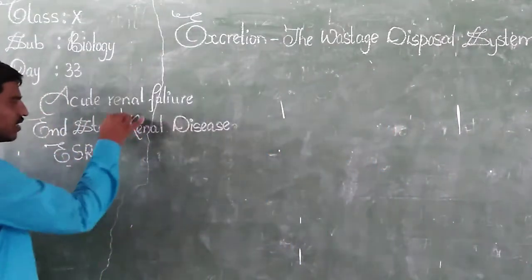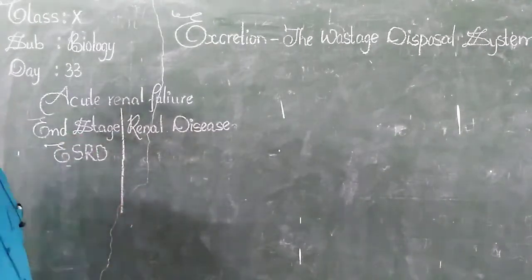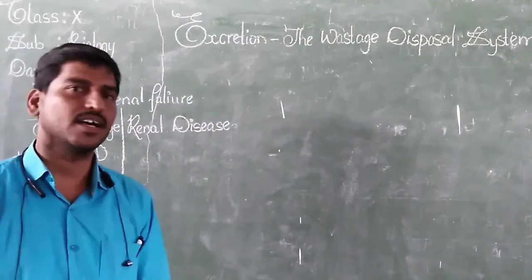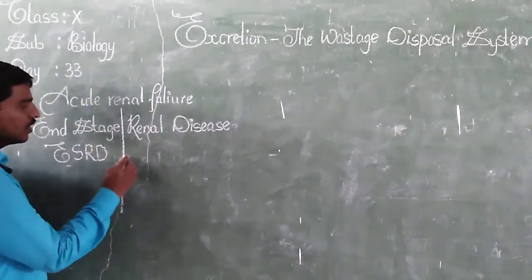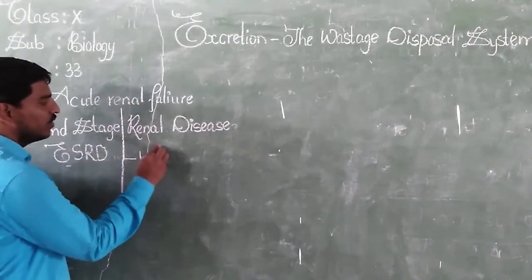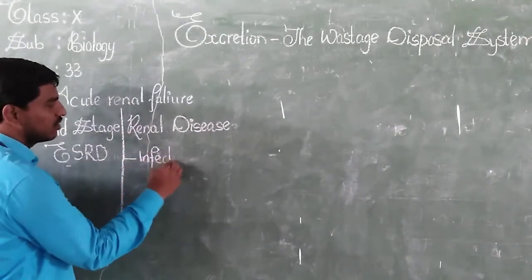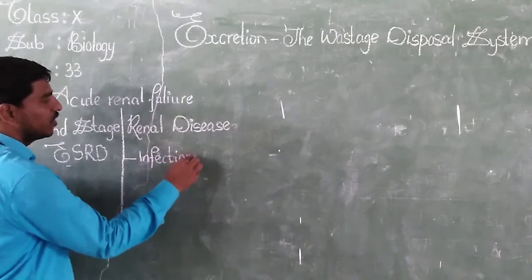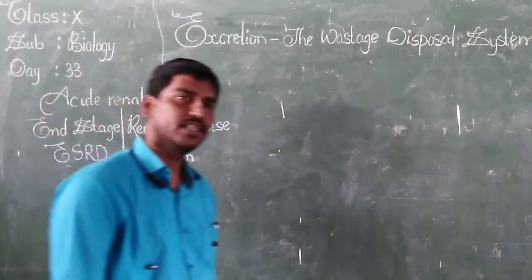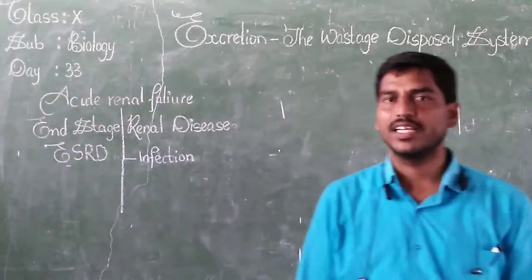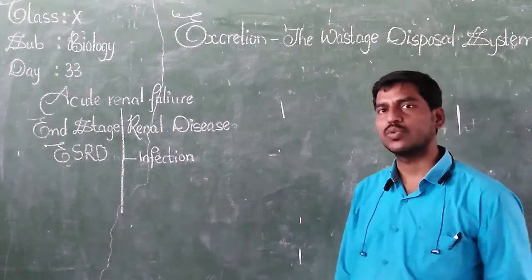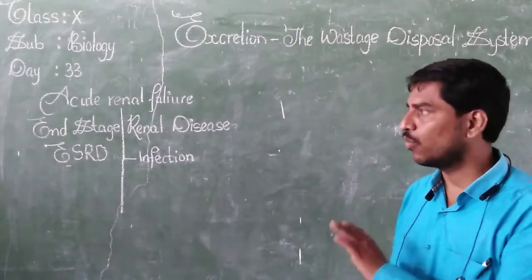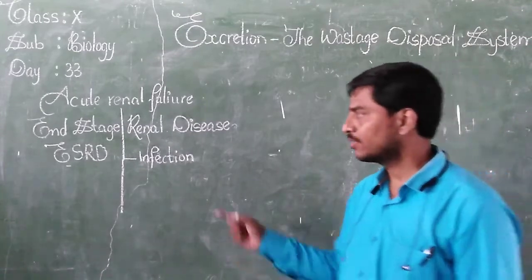Now let us try to understand why this renal failure takes place, or what are the causes of renal failure. The first thing is infections. Due to infection in the kidney, that may be a bacterial infection, a viral infection, or any protozoan or parasitic helminthic worm infection.